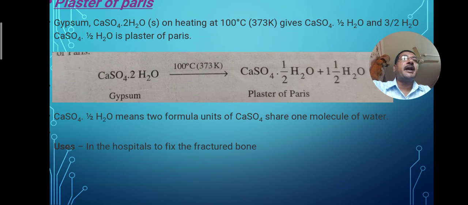What is the hemihydrate? It contains half a molecule of water, and 3/2 molecules of water will be given out, which means plaster of Paris will be produced. 3/2 molecules of water will be given out when we heat the gypsum, that is CaSO4 into 2H2O, at a temperature of 100 degrees Celsius.